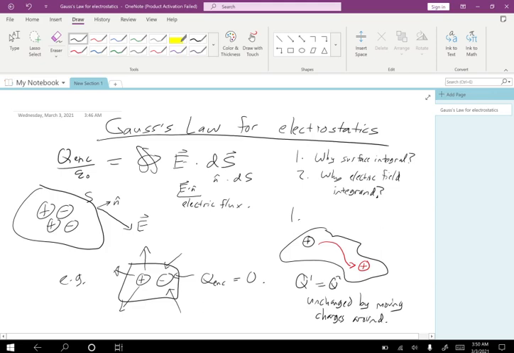Okay? And so what that means is that the inside environment is completely irrelevant, and so therefore, all the action is at the surface.